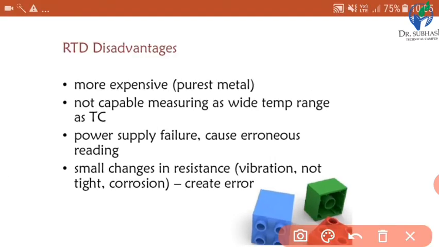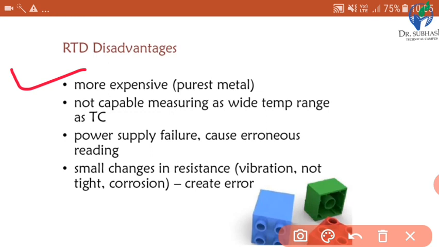Now RTD disadvantages. It is more expensive because we are using a pure metal, and platinum is the most suitable, but the cost of platinum is very high. So it is relatively expensive compared to other transducers. It is not capable of measuring as wide a temperature range as a thermocouple.